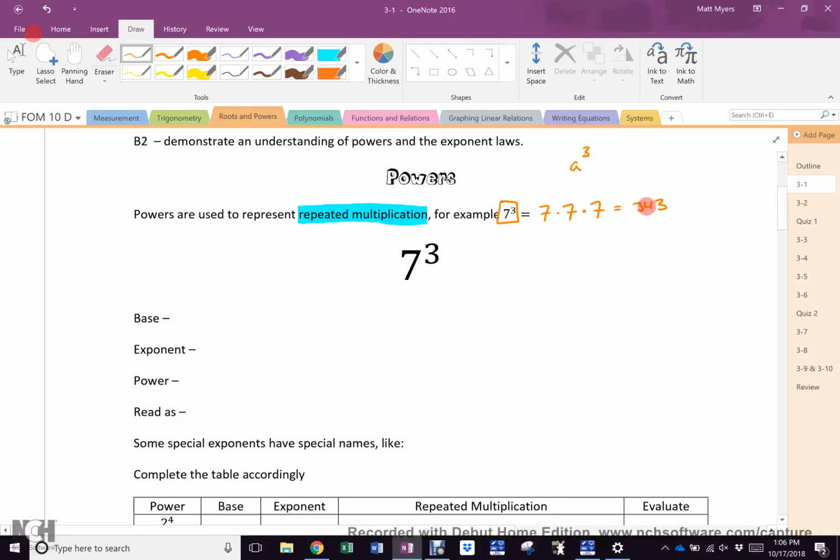The next thing I want to talk about is this. This is called expanded or repeated multiplication form. This is called evaluated form. You use your calculator to do this. How? You push 7, and then you push your exponent button.